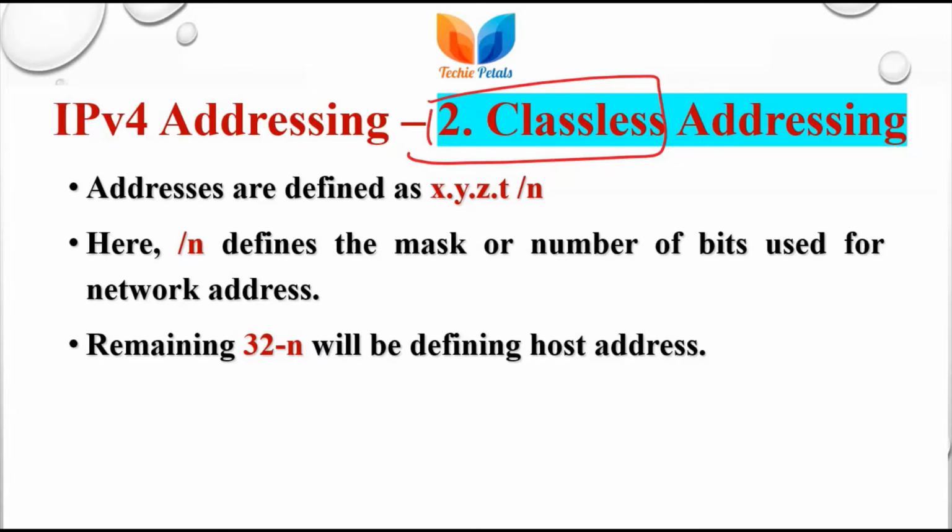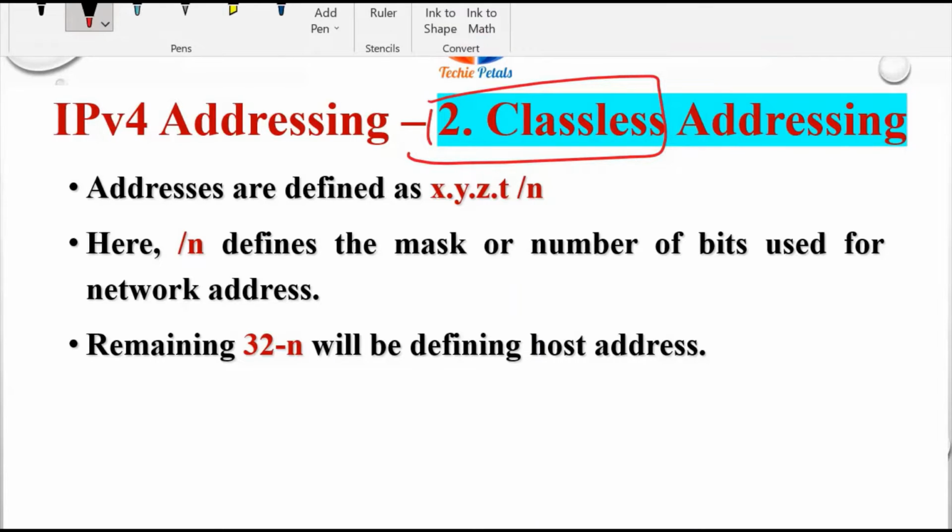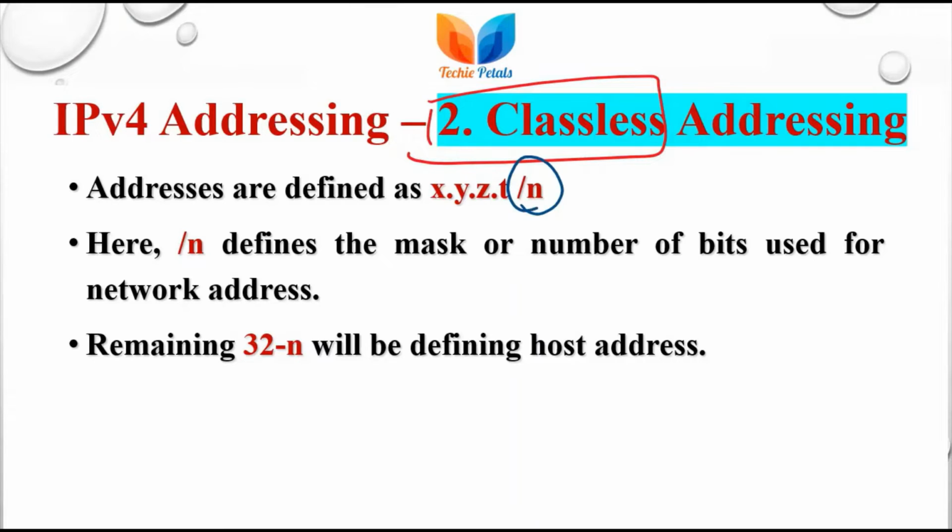So for any type of addressing, whether classful or classless, we need to identify the length of the network ID in an IP address. So here we will be using another method, that is /n.